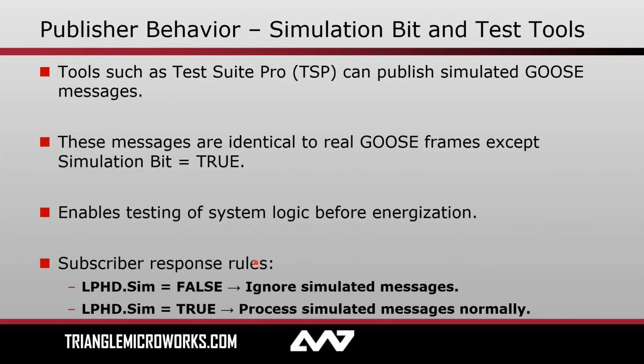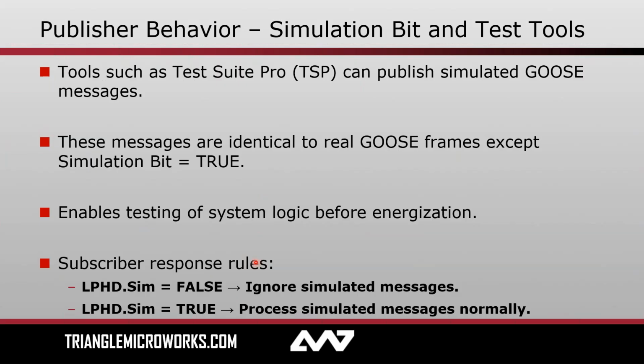Again, these simulated messages are going to come from a digital test set, for example, Test Suite Pro or another tool like it. They are identical to real messages that are coming from actual IEDs, which might also be on the network, except for the critical piece of information that there's a flag in the header, which I'm calling the sim flag. It's a simulation bit in the header of the message. You could view it if you were to capture that message on Wireshark.